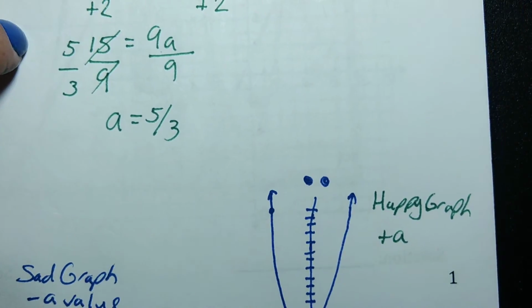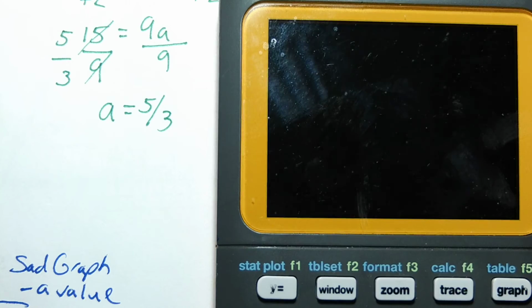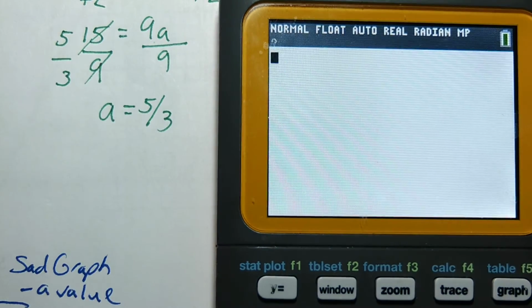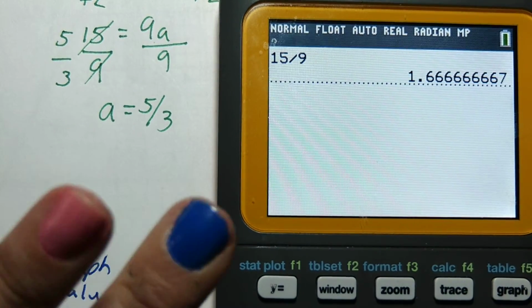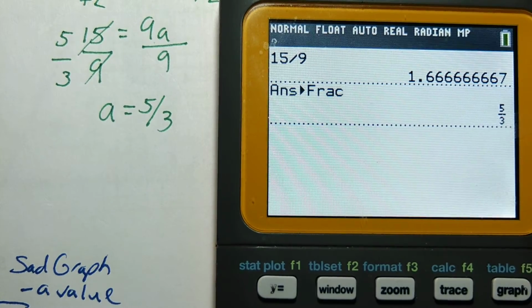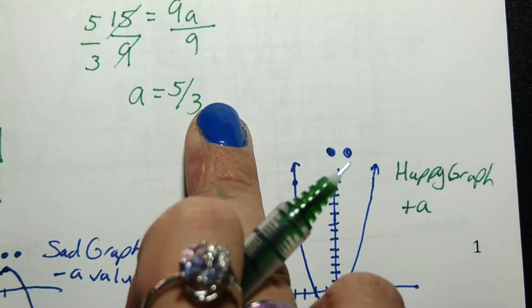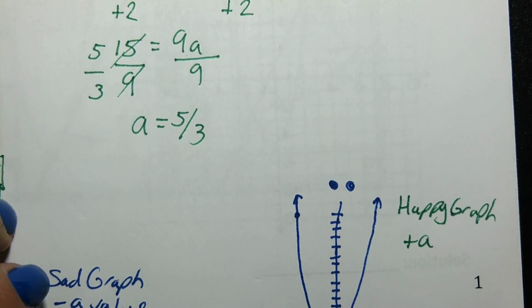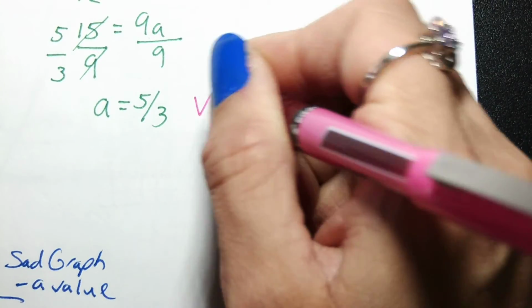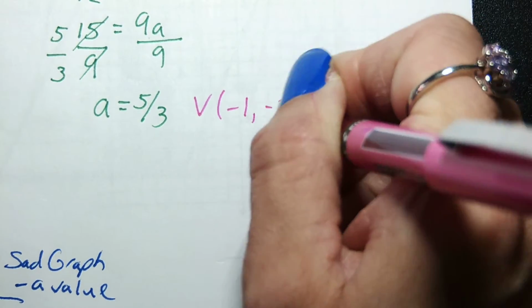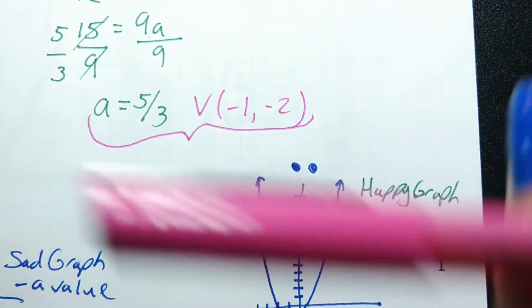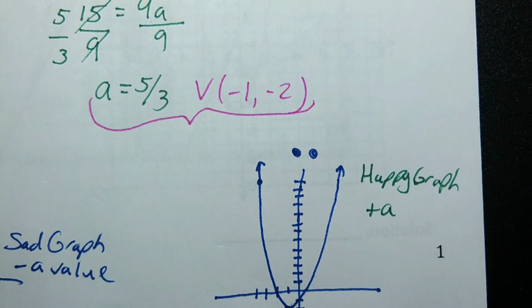And again, if you wanted to use your calculator, you would do 15 divided by 9, math, enter, enter. Boom. It simplifies to be 5/3. So now we have our a value.